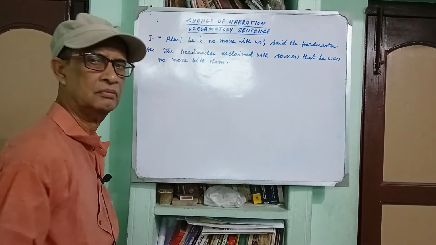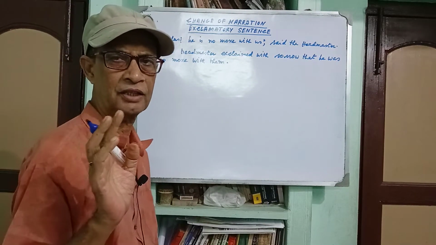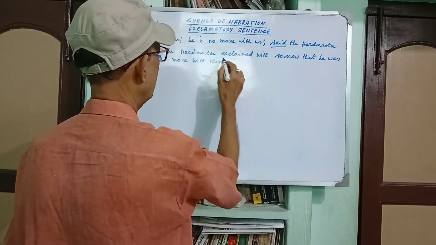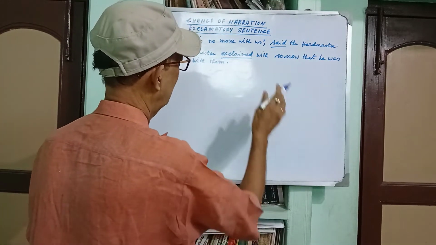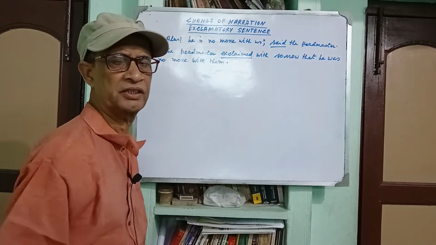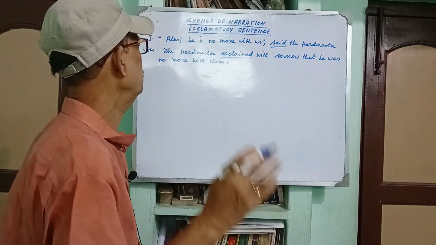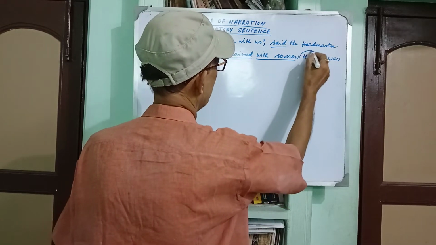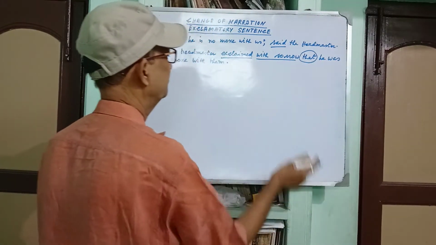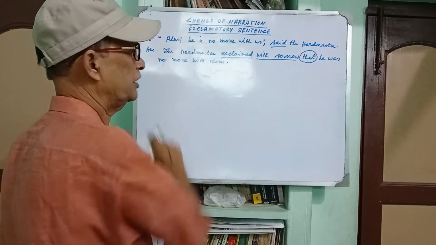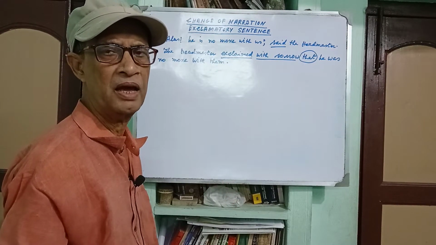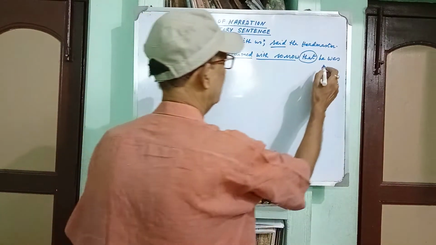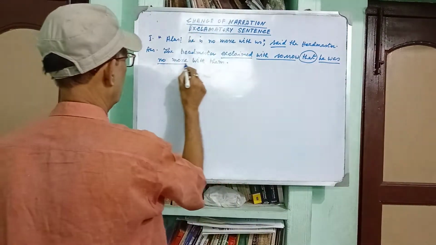Okay? Then the conclusion is the reporting verb said is converted into exclaimed. As the reported speech expresses sorrow, you must say with sorrow. That is a conjunction here, and the reported speech is converted into or transformed into an assertive sentence or a statement that he was no more with them.